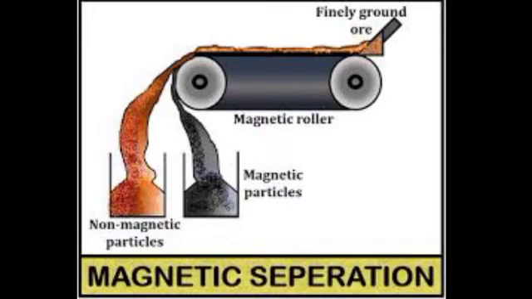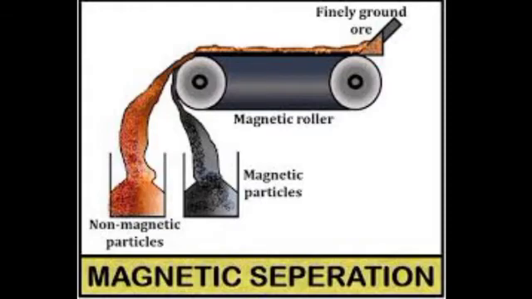Next, this is the magnetic separation method. The finely ground ore, that is the crushed ore, is inserted in the top, and then the crushed ore is placed over a conveyor belt which rotates around two metal wheels.